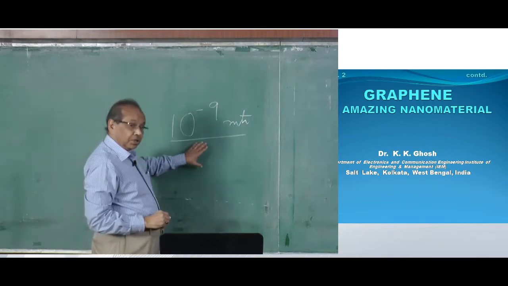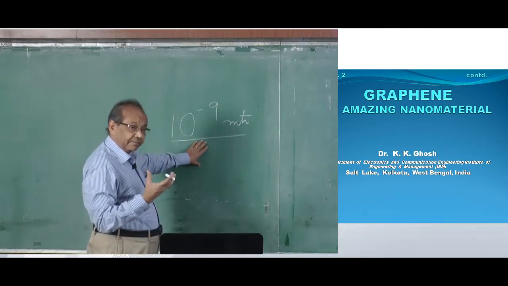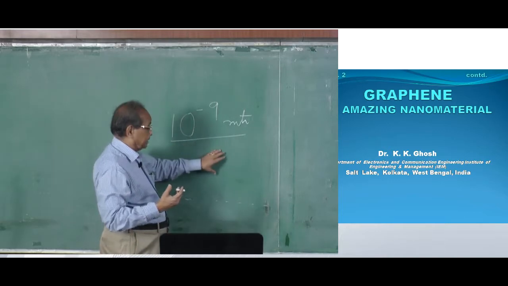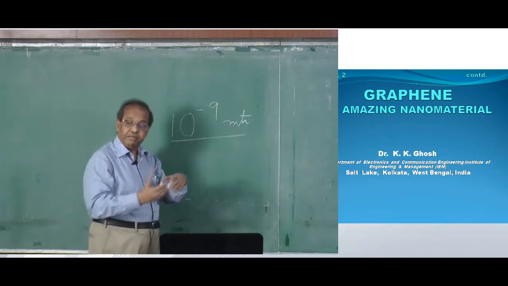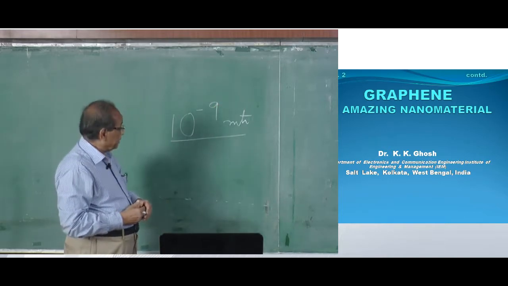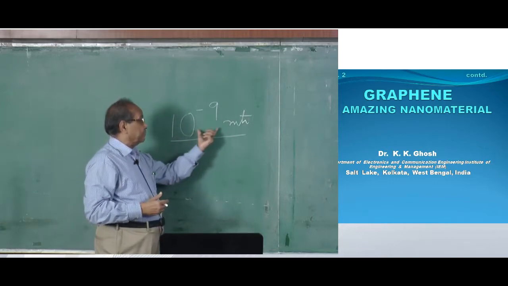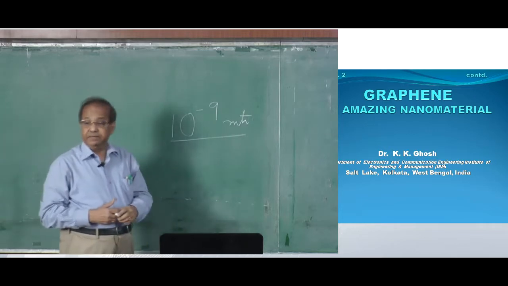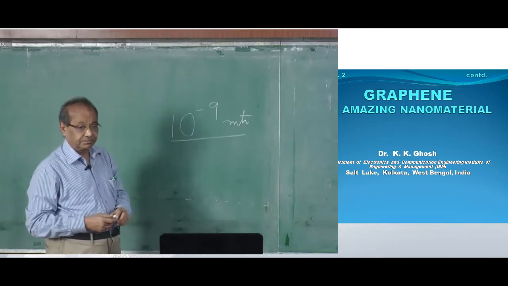But we should not think that the entire material in all the directions, the x direction, y direction, z direction, in a three-dimensional figure, must be of the order of 10 to the power minus 9 meter, and then only they will exhibit the nanomaterial properties.